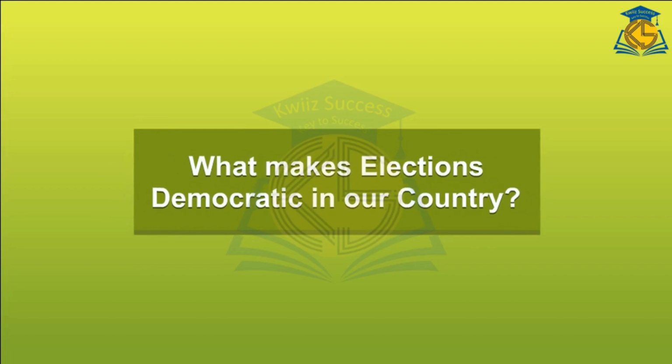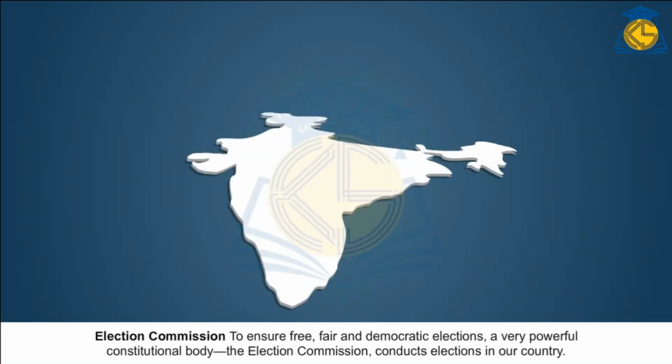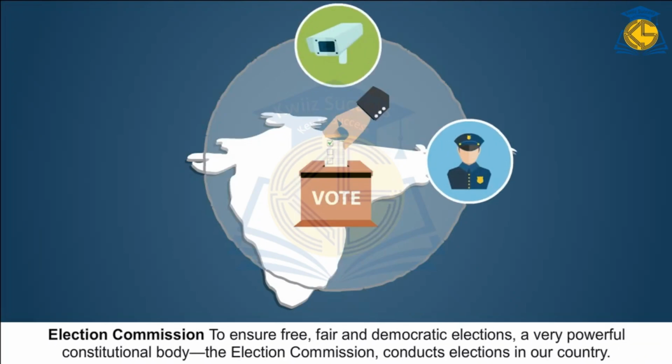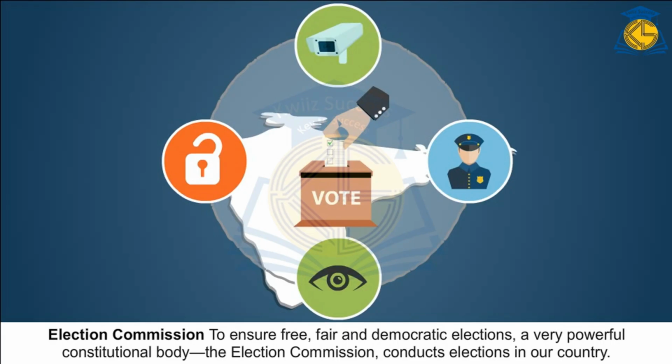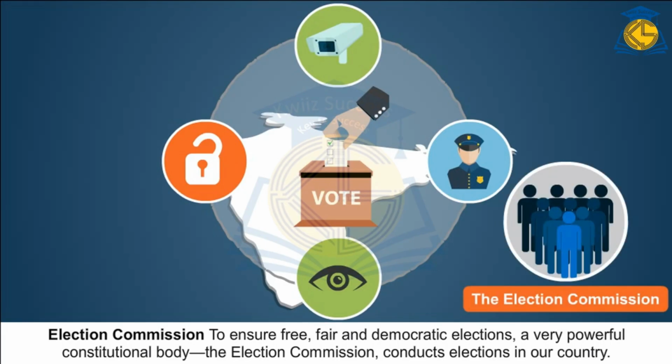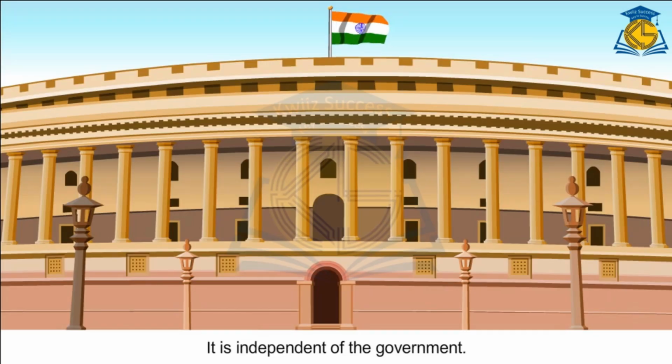What makes elections democratic in our country? Election Commission. To ensure free, fair and democratic elections, a very powerful constitutional body, the Election Commission, conducts elections in our country. It is independent of the government.